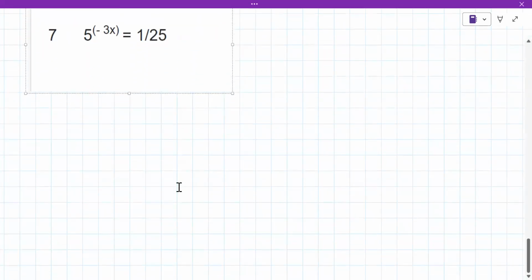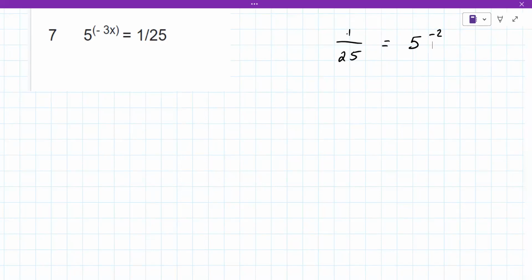So the hint here is that 1 over 25 is really 5 to the minus 2 power. That's your hint. Take that and see what you come up with. The answer is a fraction, if that helps.